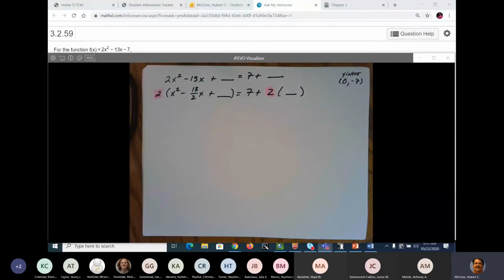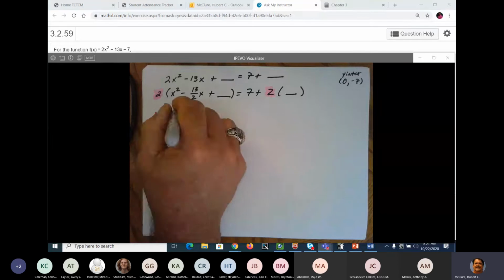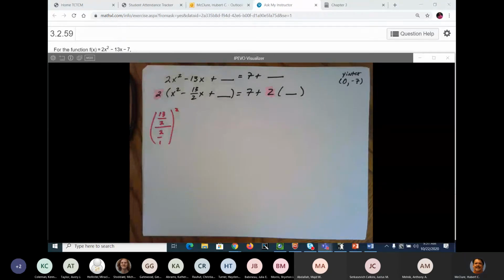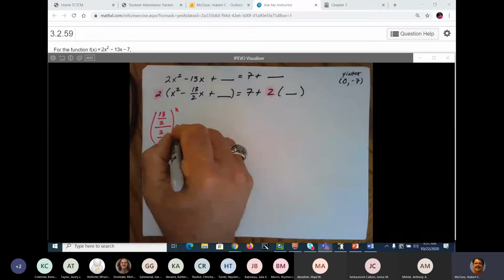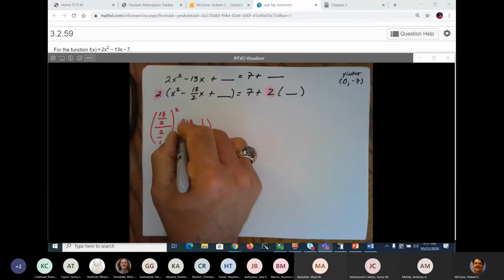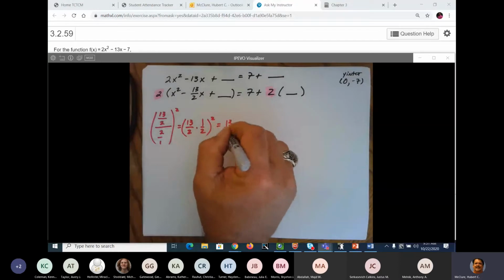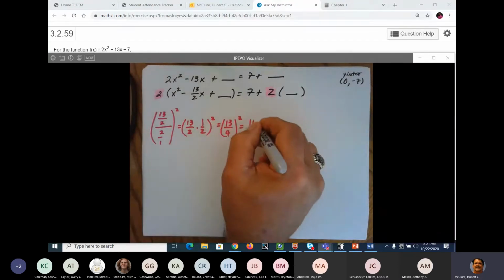Now I'm going to put in a baby step here. I'm going to take 13/2 and divide it by 2 and square it. That gives me 13/2 multiplied by 1/2, squared. That's 13/4 squared, which is 169/16.